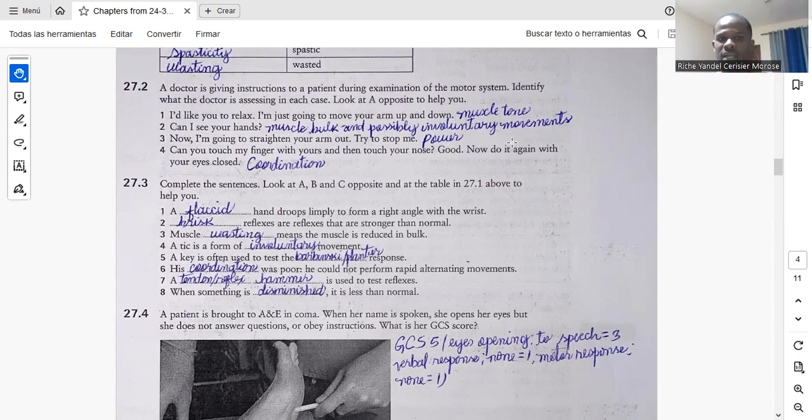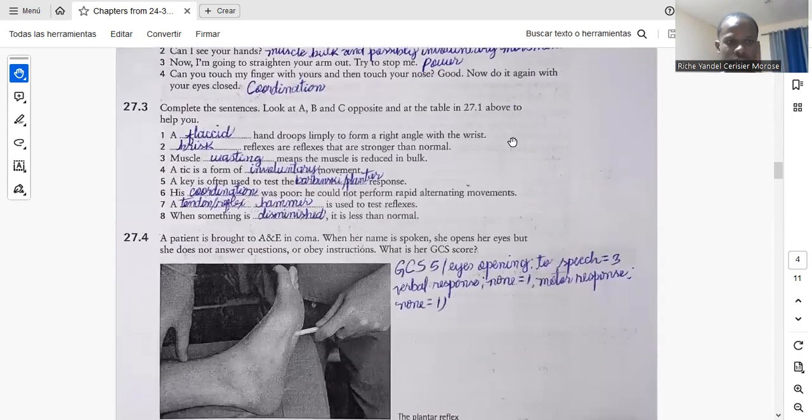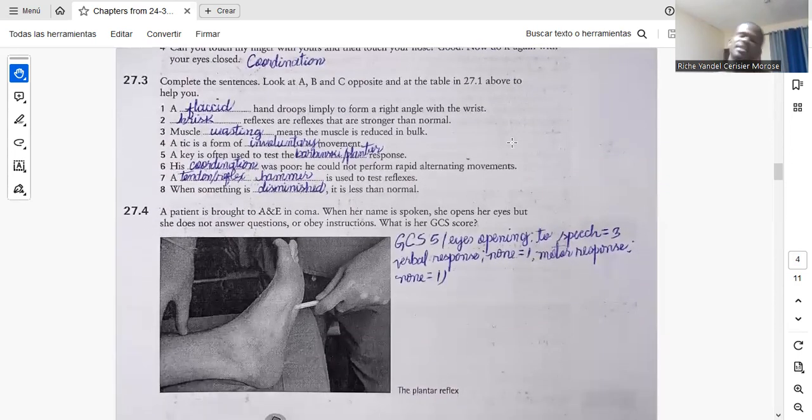Now I'm going to straighten your arm out. Try to stop me. That is power. Can you touch my finger with your finger and then touch your nose? Good. Now do it again with your eyes closed. Coordination.